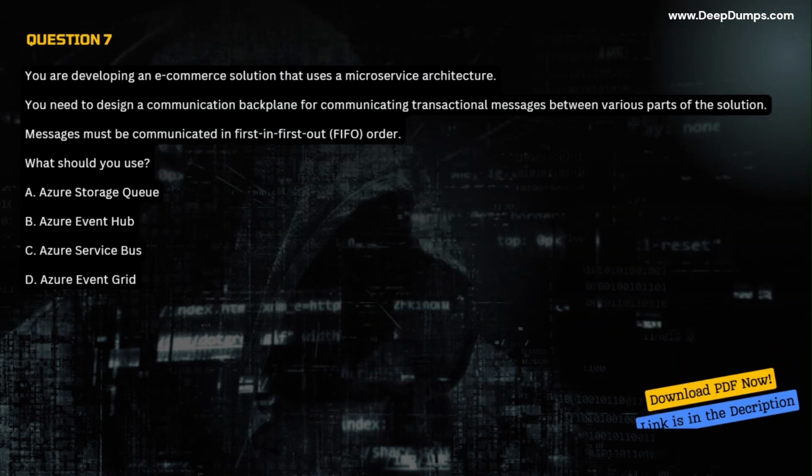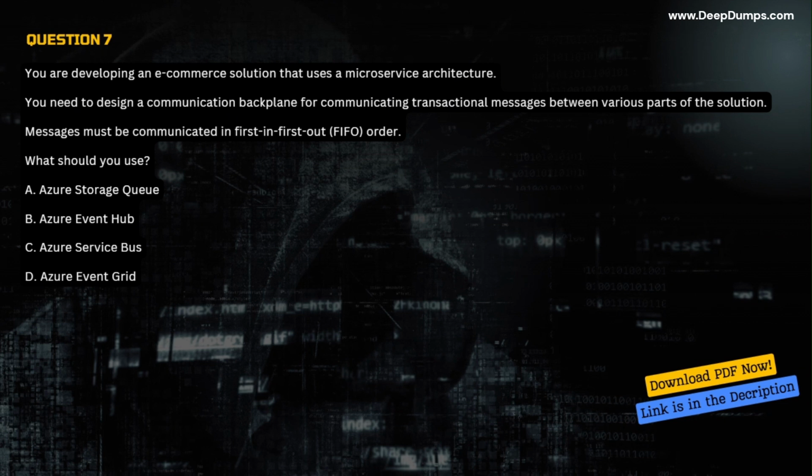Question 7. You are developing an e-commerce solution that uses a microservice architecture. You need to design a communication backplane for communicating transactional messages between various parts of the solution. Messages must be communicated in first in first out, FIFO, order. What should you use? A. Azure Storage Queue.